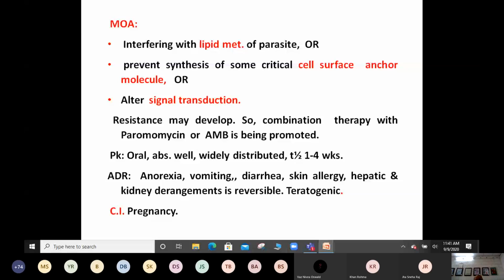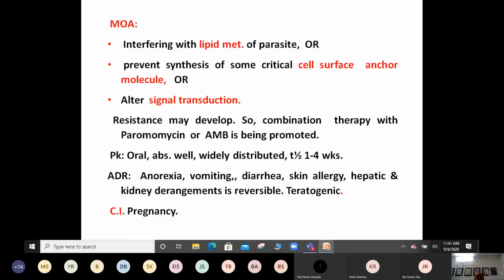Or it will alter the signal transduction. So definitely, not a single mechanism is identified. It is either interfering with lipid metabolism, or preventing the synthesis of cell surface molecules, or altering the signal transduction. As a result, the parasite cannot survive.